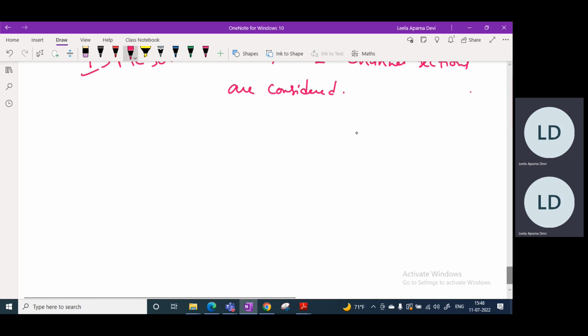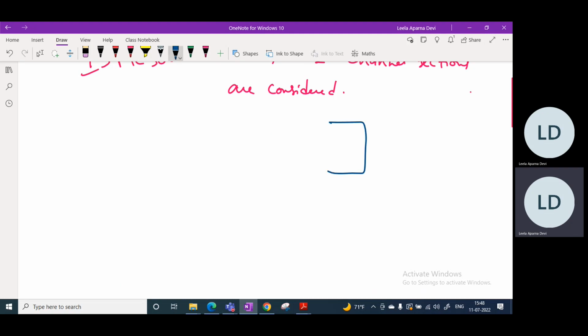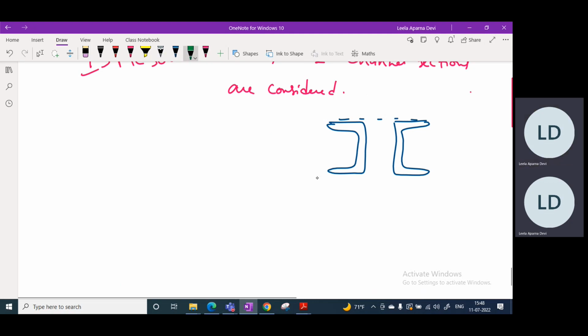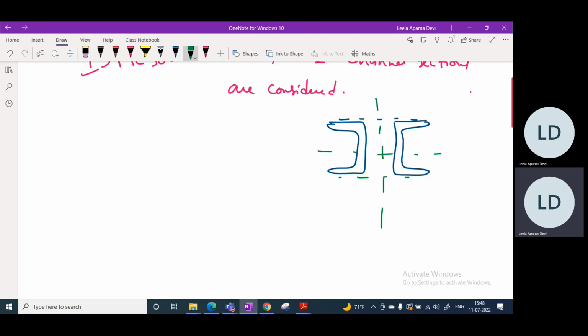So as we have placed the channel sections like this, okay. So as this is our Z axis and Y axis, right?